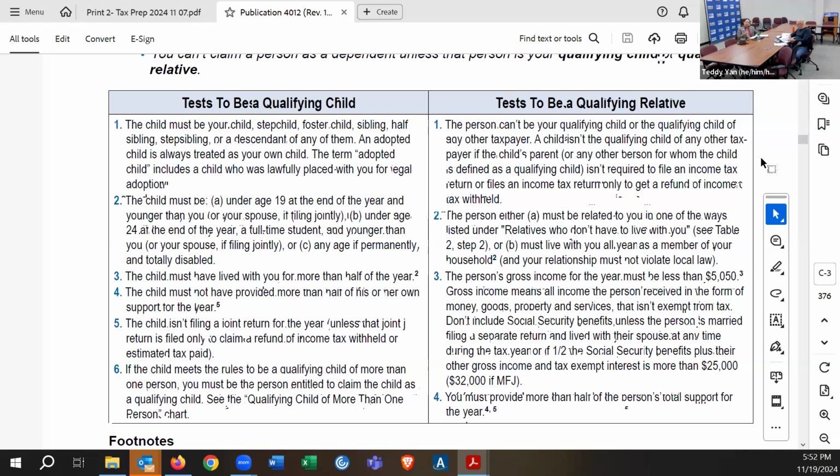Is Dottie Manny's child, stepchild, foster child, sibling, half-sibling, step-sibling, or a descendant of any of them? Yes. Is Dottie under age 19 at the end of the year? Yes. Did Dottie live with Manny for more than half the year? Yes. Did Dottie not provide more than half of her own support? Correct. She's not filing a joint return. She meets the qualifying child tests for both of them.